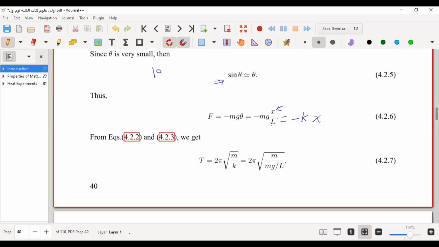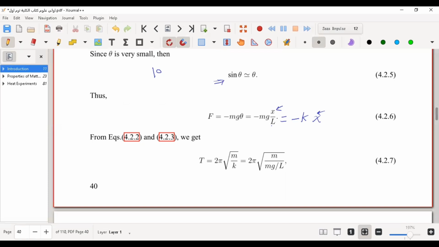And this x and this x will be removed. This means k equals mg over L. Also, these negative signs will be removed, and k equals mg over L.